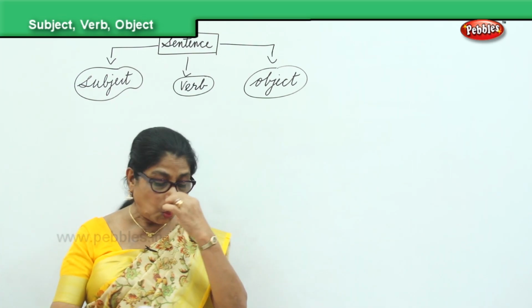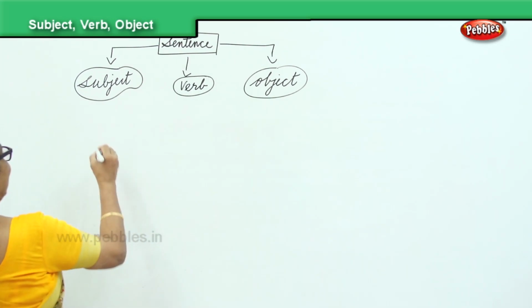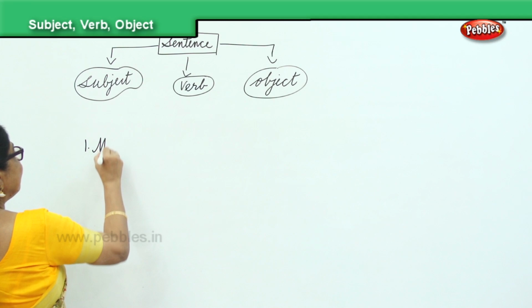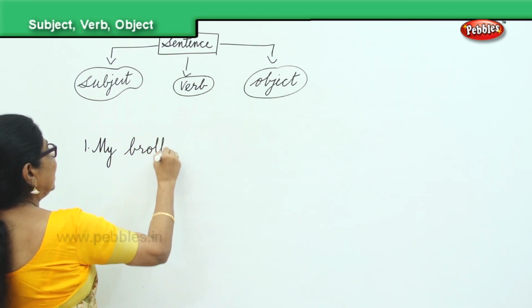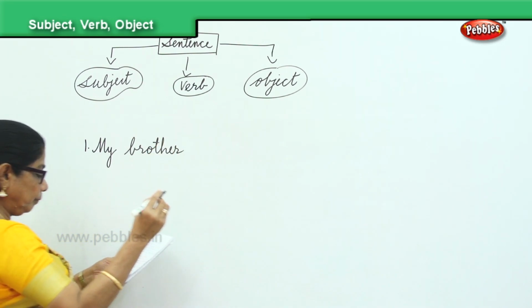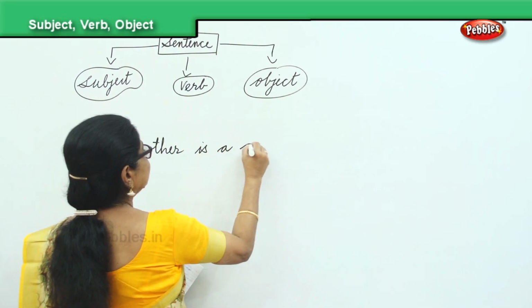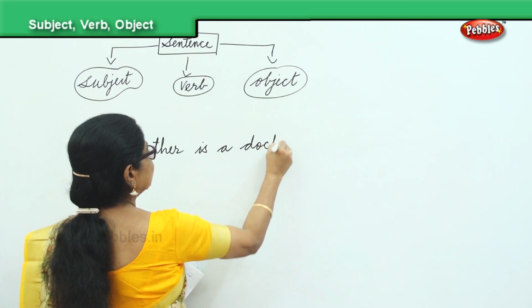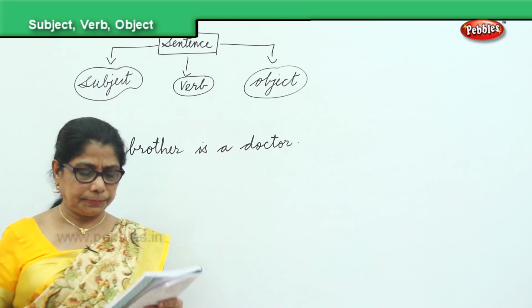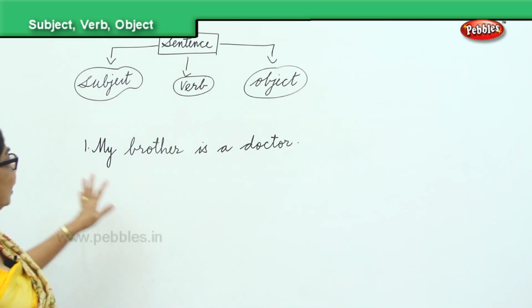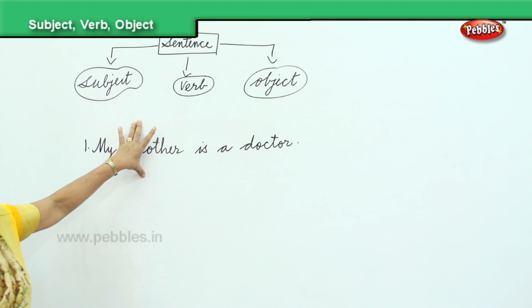Now, let's look at one or two sentences to make you understand. First one: my brother is a doctor. Now you have your subject, my brother.